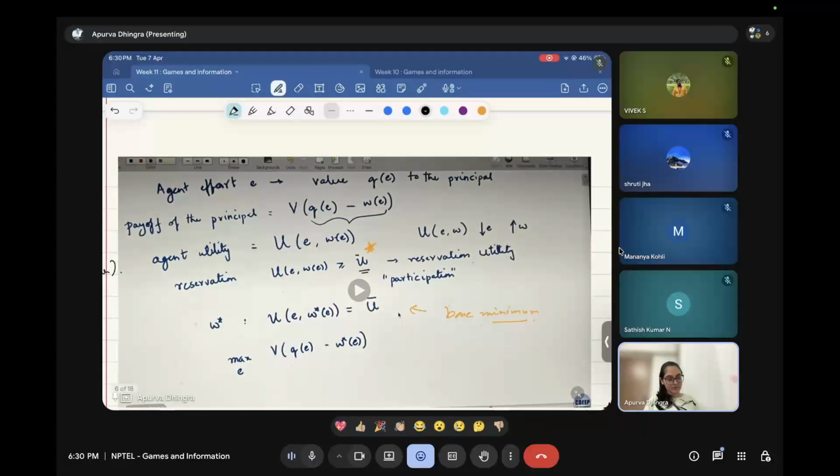This is the reservation utility, or just the cost of participation. If this is met, then the agent is going to participate, otherwise the agent is not going to participate. Meaning, the agent could say, I am willing to give 8 hours a day at so and so salary.